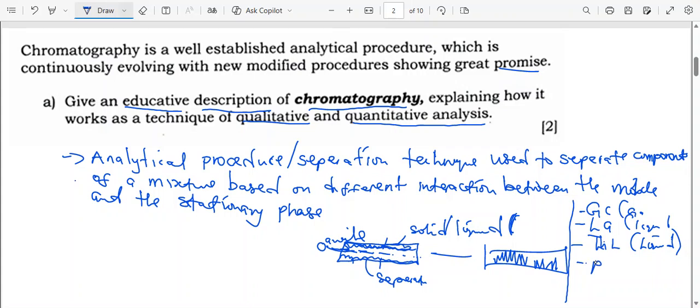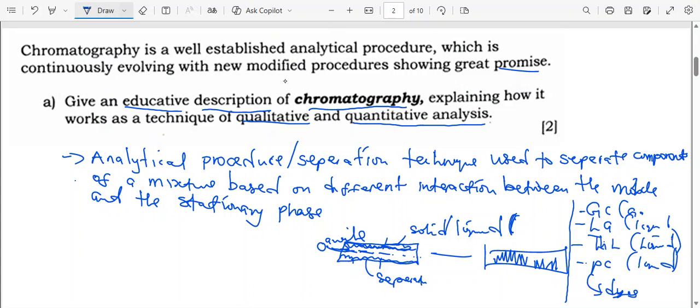So paper chromatography also uses liquid. So it's only gas, I think, that doesn't use liquid. All right. So paper chromatography is the one we used in secondary school, remember, where examples of solute we use are dyes. Yeah, if I'm not mistaken.